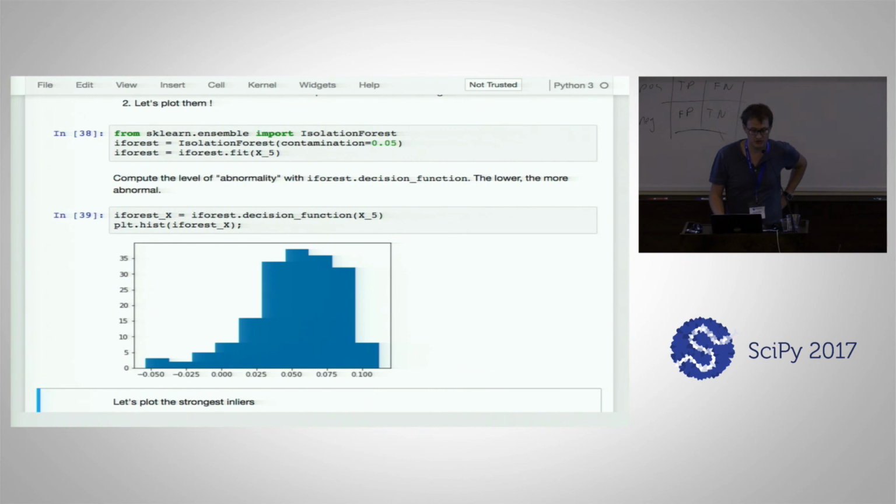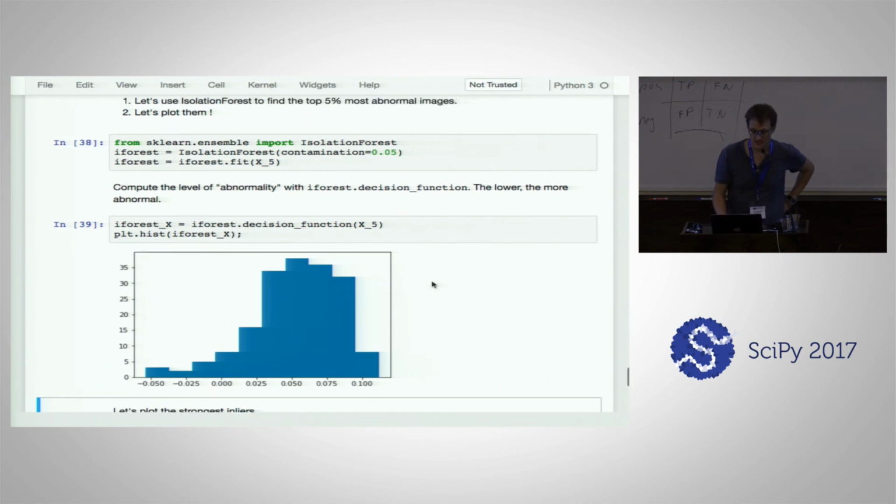The decision function is basically giving for each of these samples the score of anomaly. And the idea is that the lower this number is, the more the sample is an anomaly. Typically, all the images in this part of the histogram are the normal points, and then you have a few weird samples that are here.